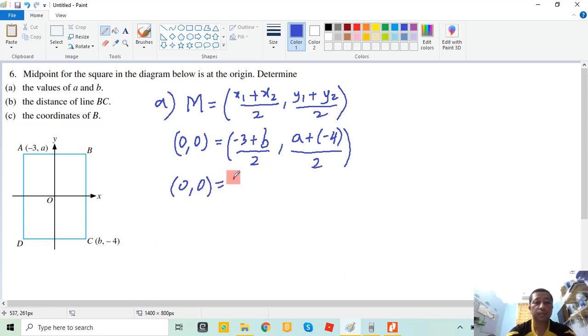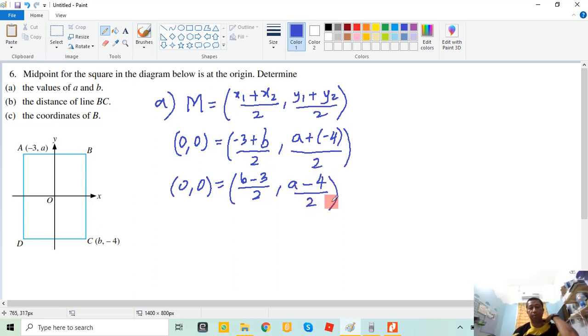Okay, so negative 3 plus B. Actually, we can write again. We can rewrite as B minus 3. B minus 3, same thing. And A minus negative 4 is actually A. Positive negative become negative or become minus. A minus 4.